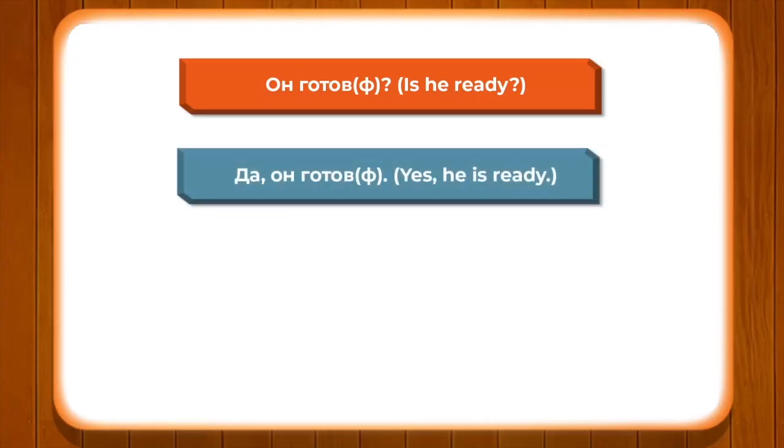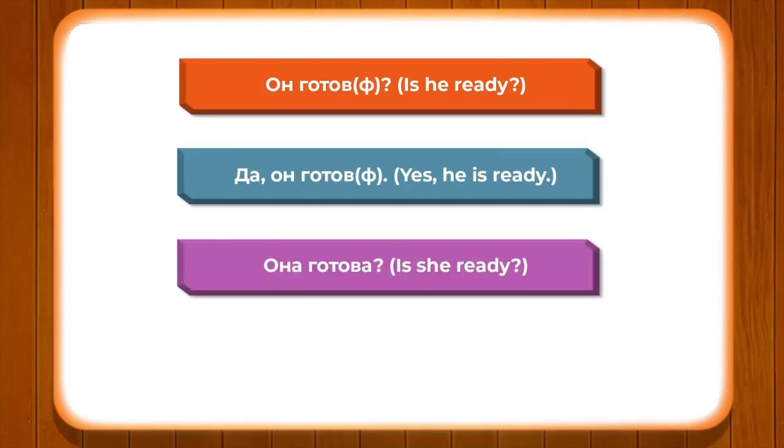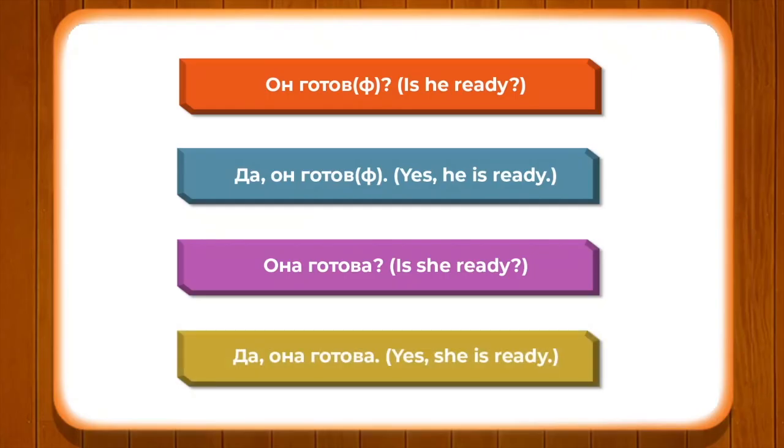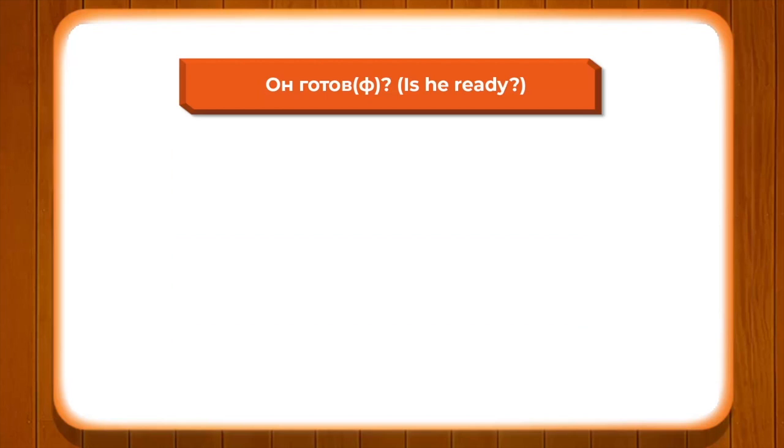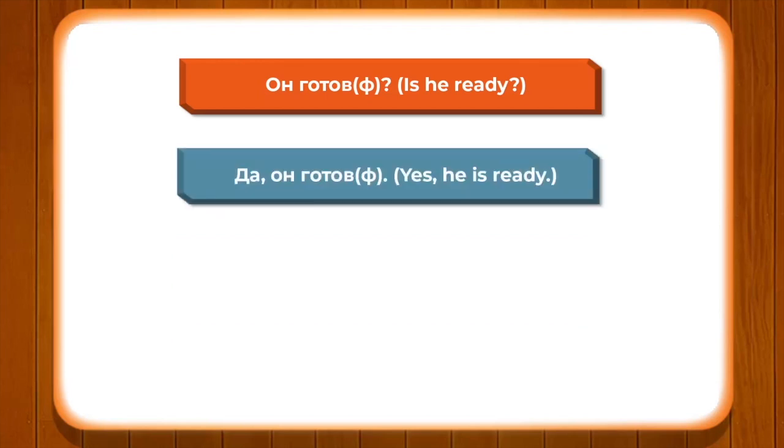After da we have a pause, and then we say on gatov, but the sound of ve is changing into f. All right. Anagatova, da, anagatova. Here you see that there is no change because of the gender as well. Anagatova, is she ready? Da, anagatova, yes, she is ready.